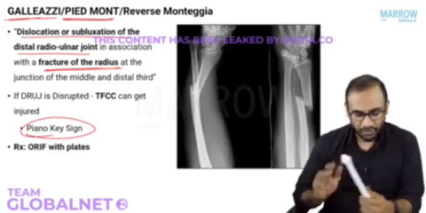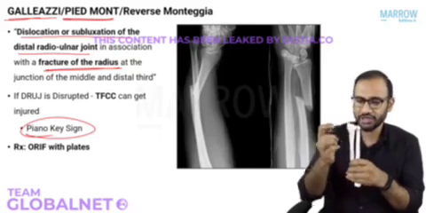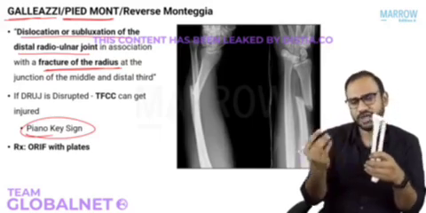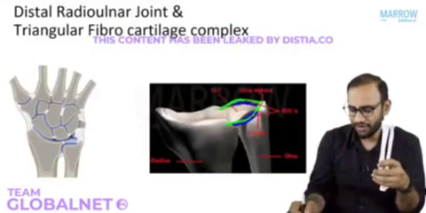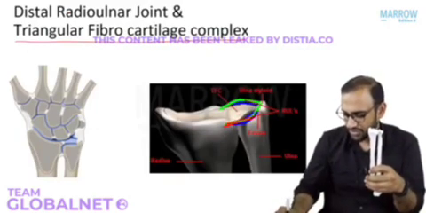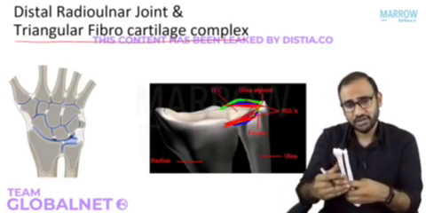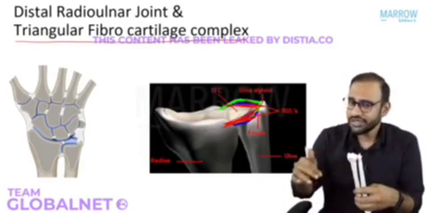Okay, that is there. Now there is one thing I want you to understand, which is this distal radioulnar joint. This distal radioulnar joint is basically stabilized by something special known as the triangular fibrocartilage complex. It is this triangular structure that will stabilize the distal radioulnar joint. So whenever the distal radioulnar joint is disrupted, friends, automatically it is assumed that the TFCC is injured.